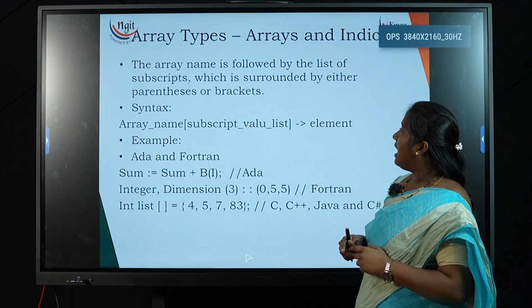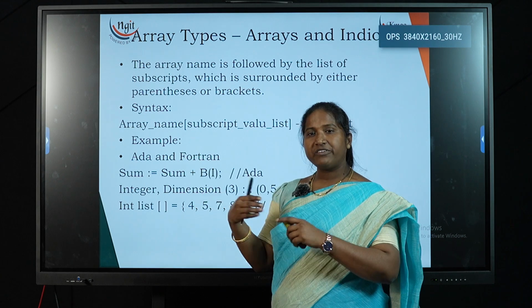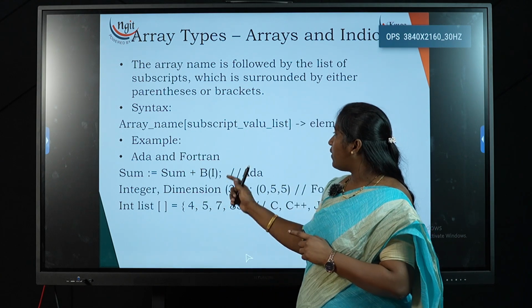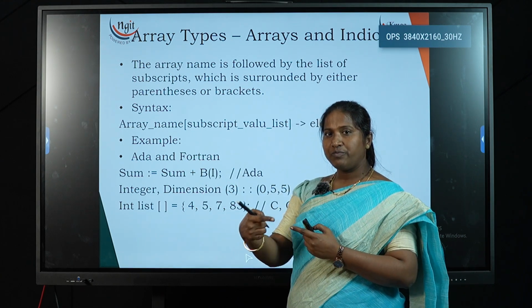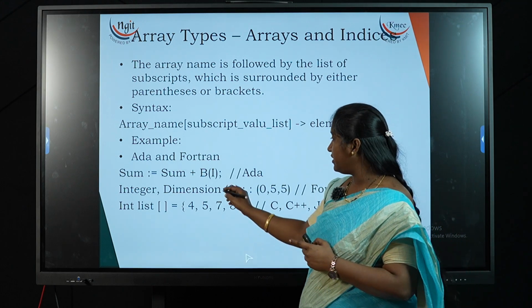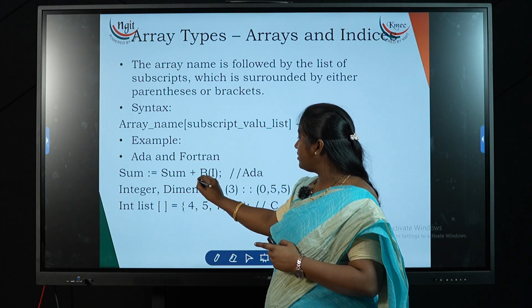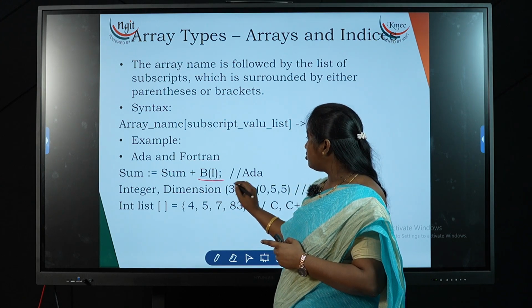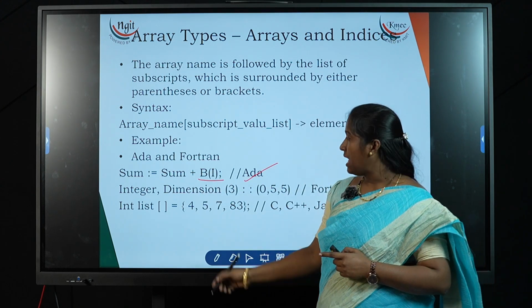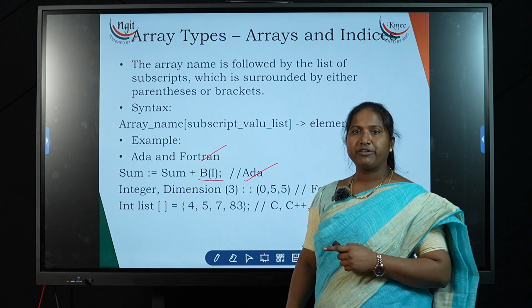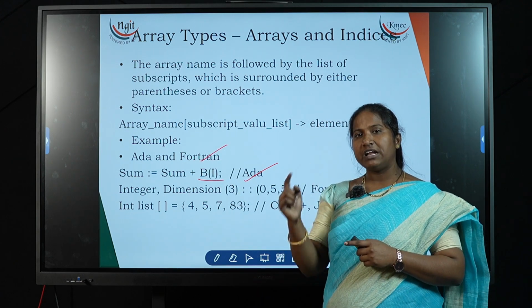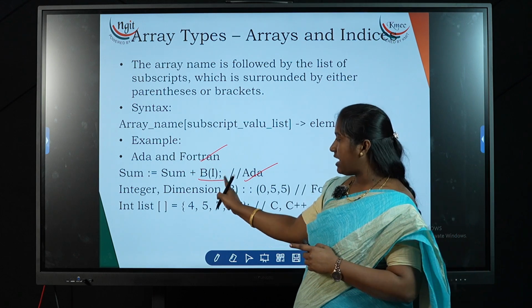So arrays and indices differ from language to language. I specified just before that an array can be initialized with parentheses. There is a programming language which allows arrays with parentheses, which is the notation I wrote in Ada, and the same can also be written for Fortran. Fortran and Ada use arrays with parentheses.